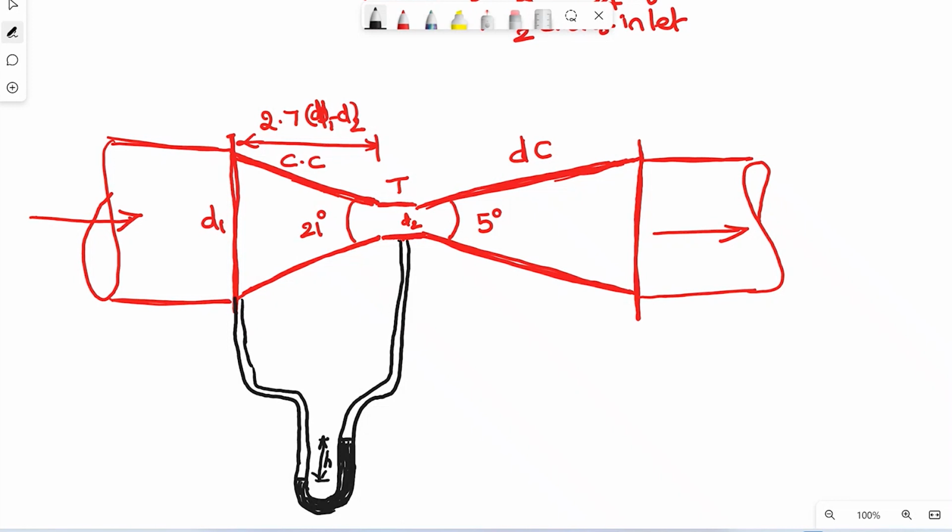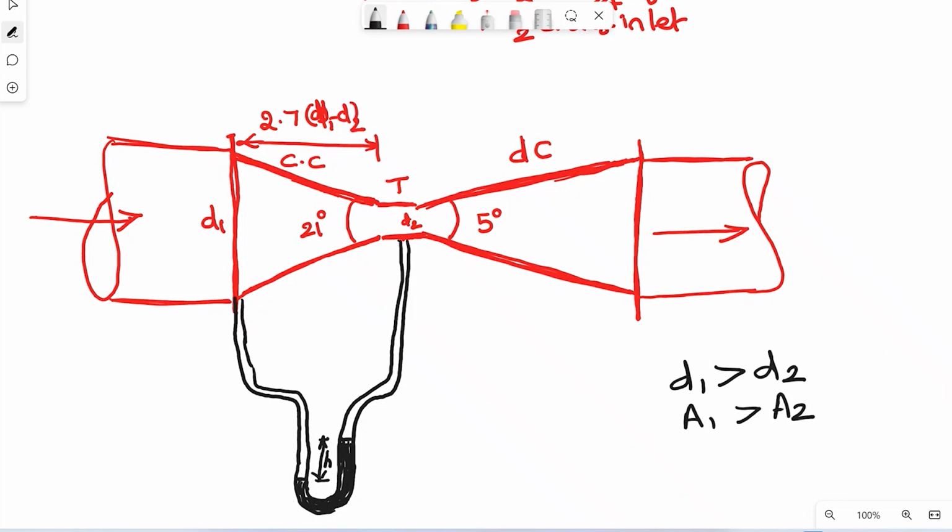Actually, what happens is here, the diameter is more, so area is more. According to the continuity equation, the discharge at all the places is same. So at the inlet, D1 is greater than D2, and A1 is greater than A2.